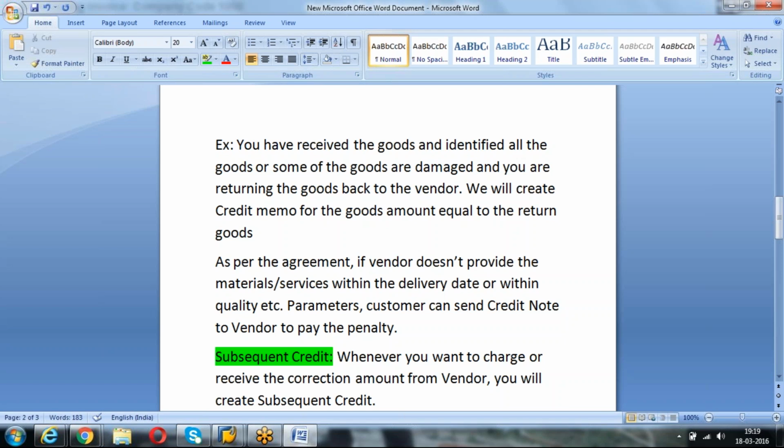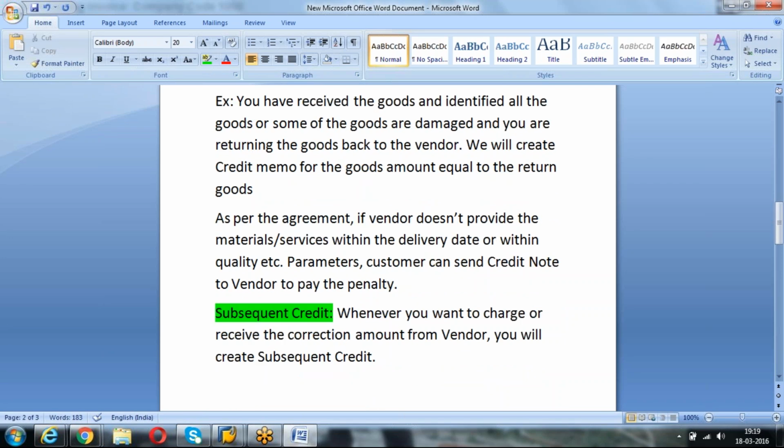Okay, in those conditions, if you have some corrected amount, you can create a subsequent credit. It will be almost similar to a credit memo, but a credit memo will be the immediate action which we take. Subsequent credit will be subsequent, you can see in the name itself, slight corrections. At that time we use this subsequent credit. Okay, it is also for some corrections.